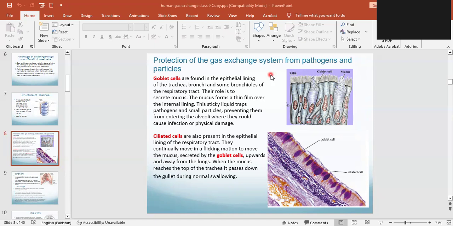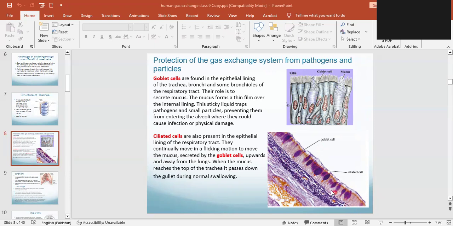If the question comes, what are the characteristics of the ciliated cells and the goblet cells, we have discussed, right? You can see this picture is the real picture of the goblet cells and the ciliated cells, and this one is just a diagram. You should be able to identify them.